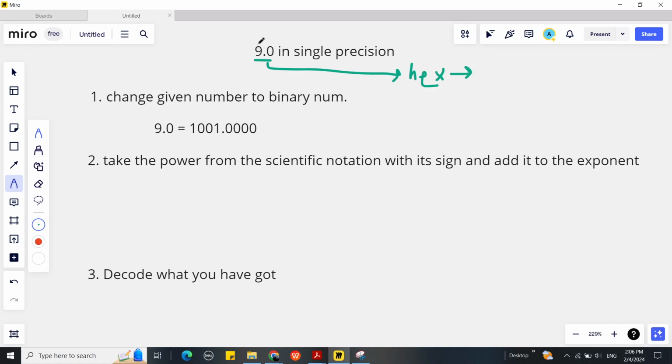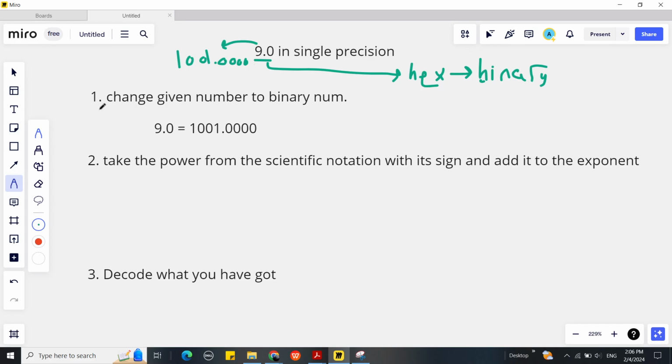But since this decimal number is so easy to change, I'm just going to change it to binary, and it's very simple. 9 is 1001, then the point, and then the fraction is made of 4 bits of 0, and this is my number in binary. As I said earlier, we change the decimal number to hex and then binary, but since this number is pretty easy and simple, we don't need to go through all of these steps.